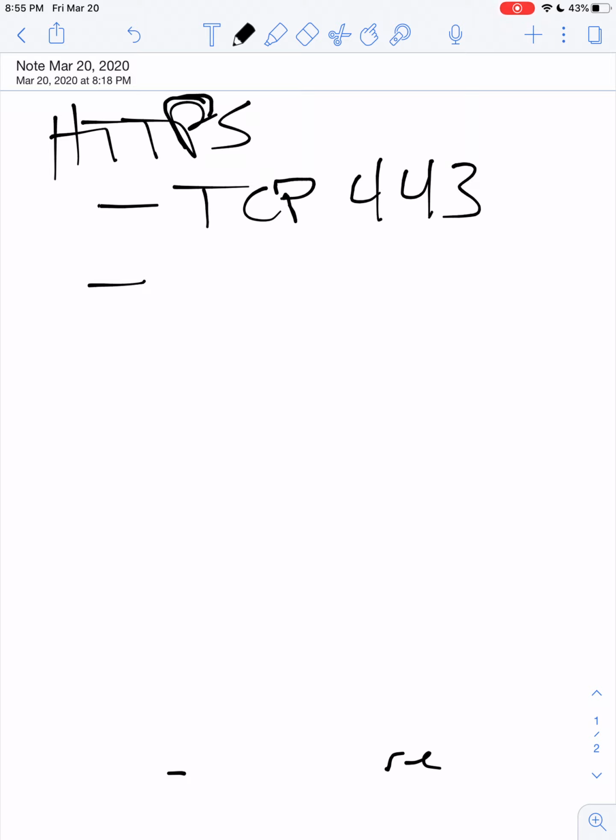Now, there are some very positive things about using HTTPS. Encryption is a good thing. There are some bad things. It makes it really difficult to troubleshoot some applications. So just keep that in mind. You don't want your credit card and social security numbers and all that stuff out there in plain text, but at the same time, it's very hard to troubleshoot.